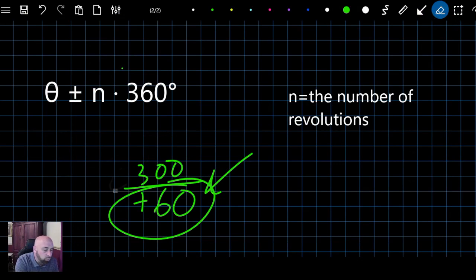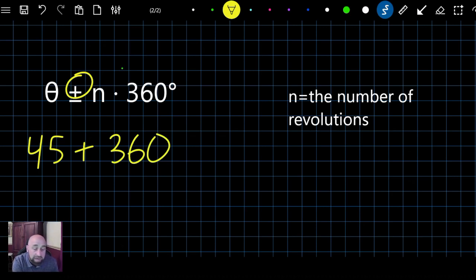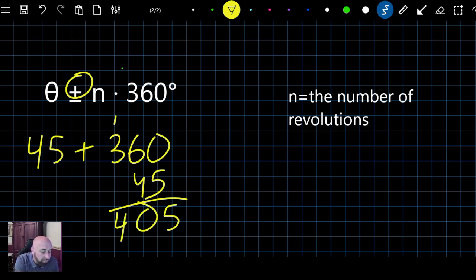So we're using 45. All right, so let me erase some of this stuff. And now we want to find something that it's coterminal with. Okay, so we'll use 45 as our theta, and then we're going to add 1 times 360. We could do 2 times 360 too, but let's just do 360. So we're just going to add 45 and 360, and that's going to come out to 405.